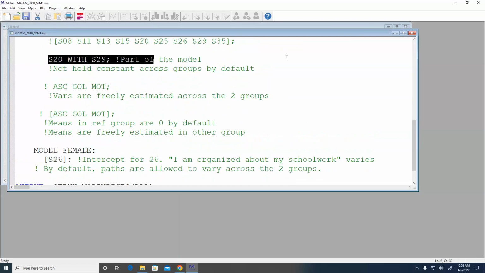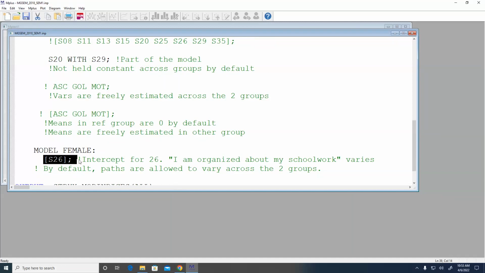And the only thing that is different right now is that we had a partial scalar model. Because Mplus fits a scalar model by default with multiple groups, I want to allow the intercept for S26 to vary across the two groups. To do that, I have to refer to S26 in the model female statement.